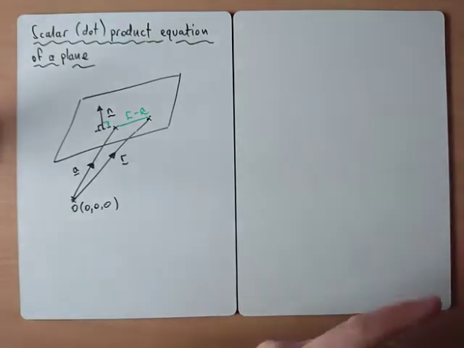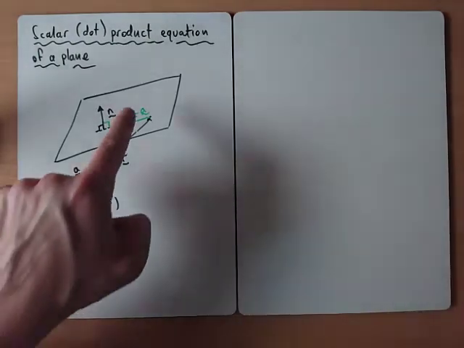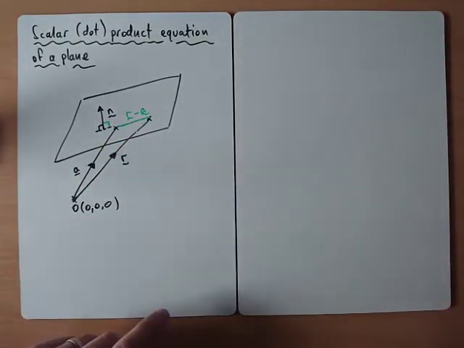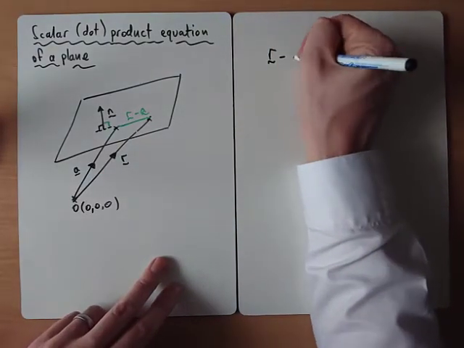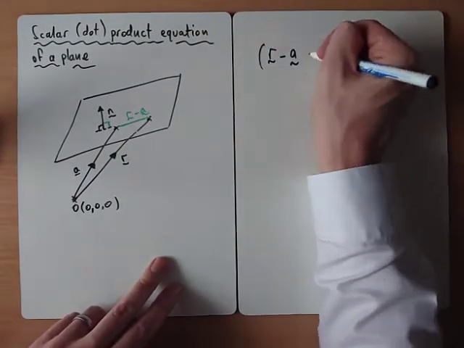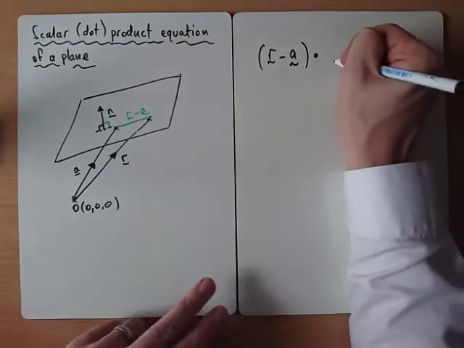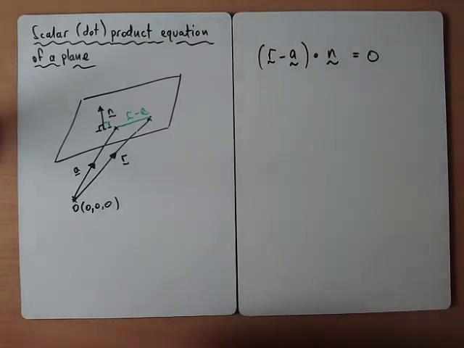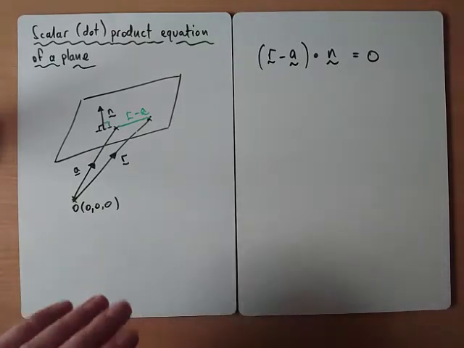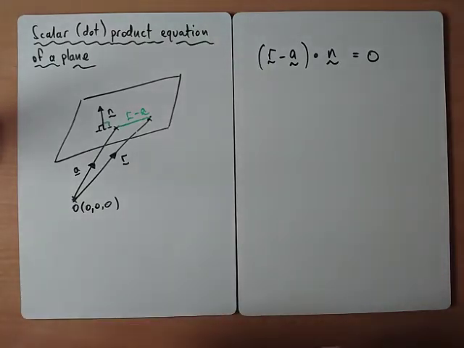So we could say therefore R minus A dot producted with the normal vector must equal 0. Because that's a property we knew from last year: if two vectors are perpendicular, when you dot product them, the answer is 0.